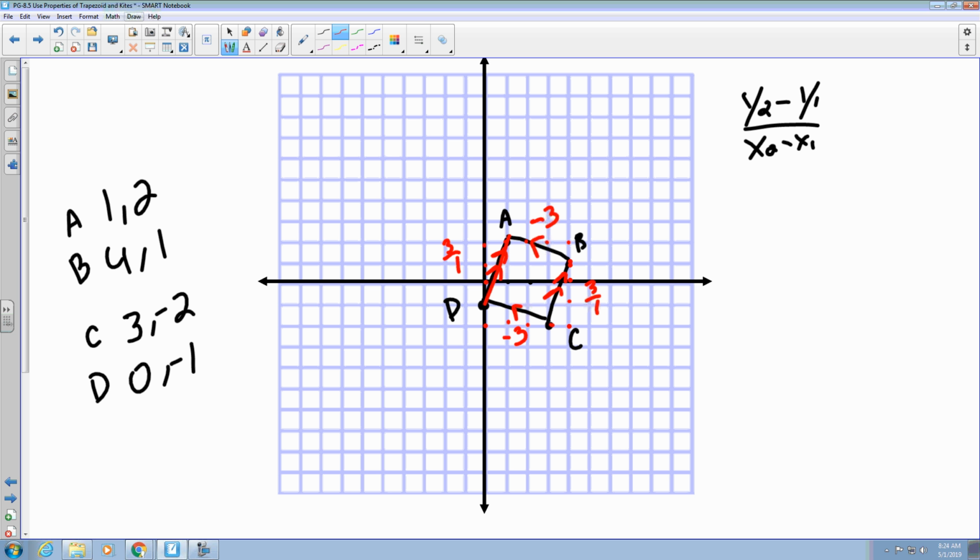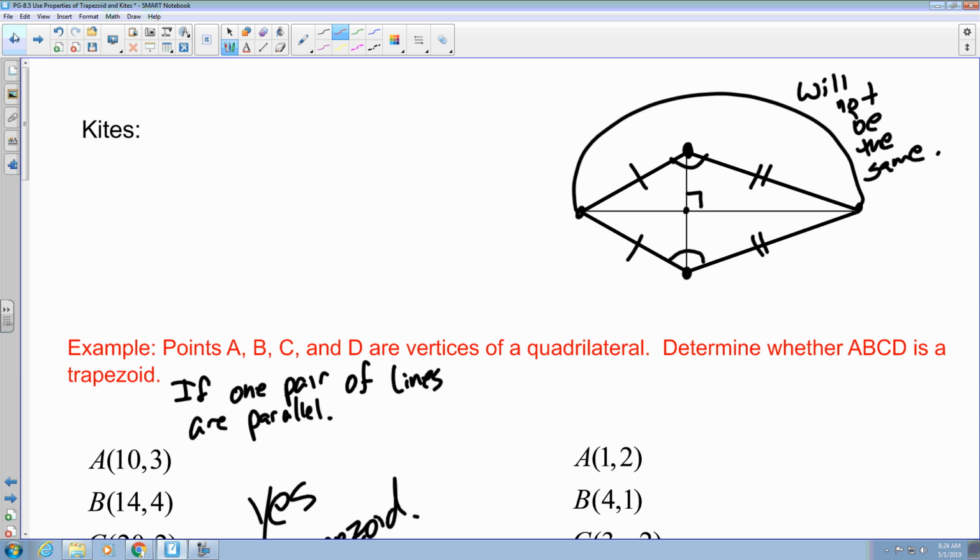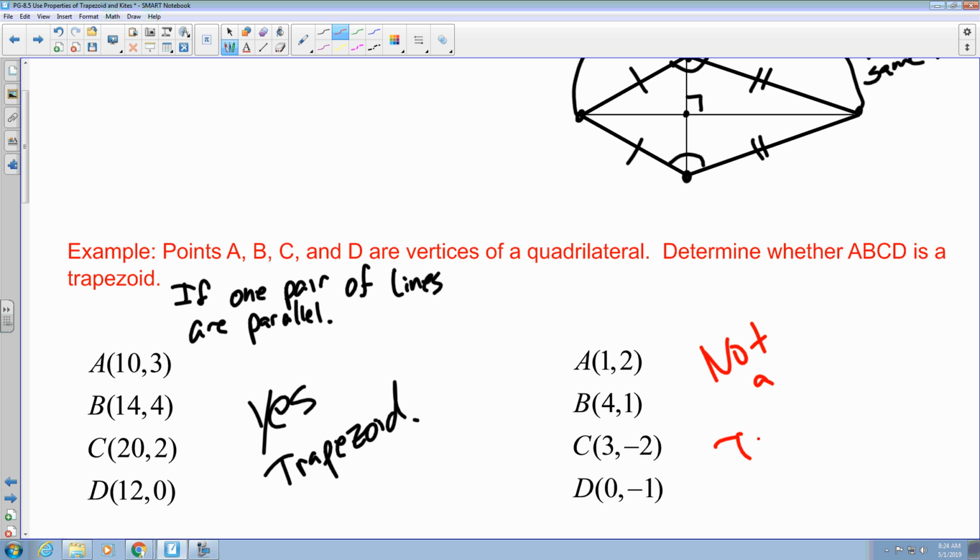Because I have two sets of parallel lines, it is not a trapezoid. As of right now, I know it's at least a parallelogram. Could it be a rhombus, a square or a rectangle? We'd have to do some other things, but all they're asking for is if it's a trapezoid or not.